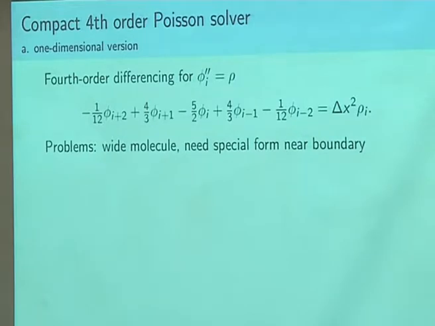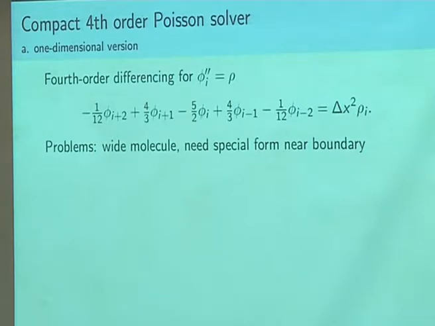But there is a difficulty. This wide numerical molecule going 2 points away from the point of interest starts to get larger errors. It's delta x to the 4th, but perhaps times quite a large number. And also, we've got to face up, what do you do at the boundary?